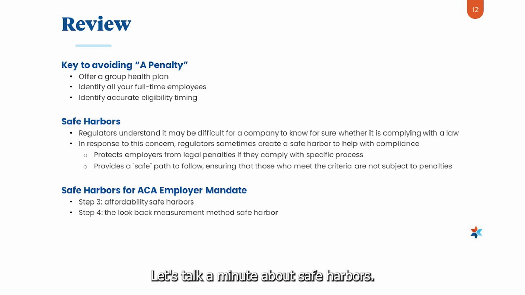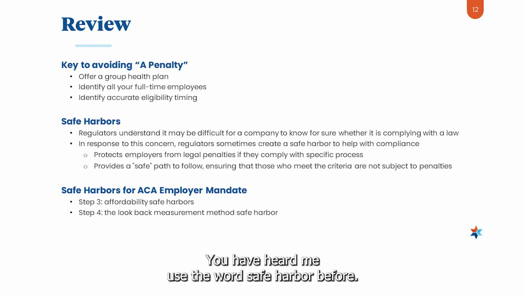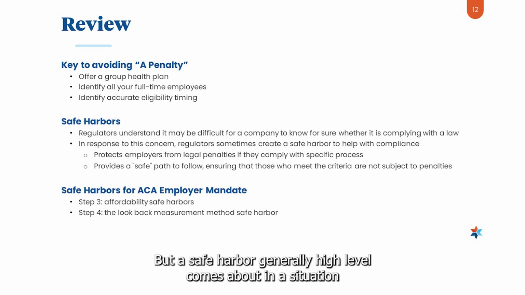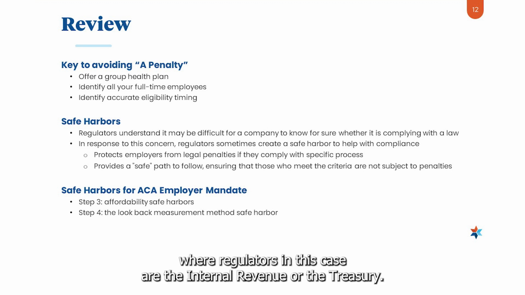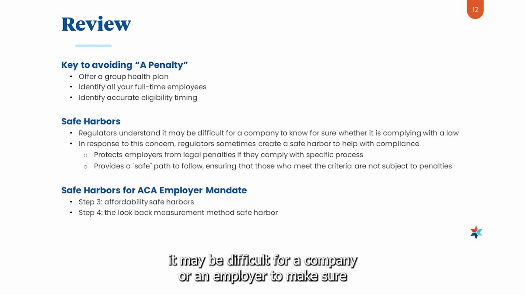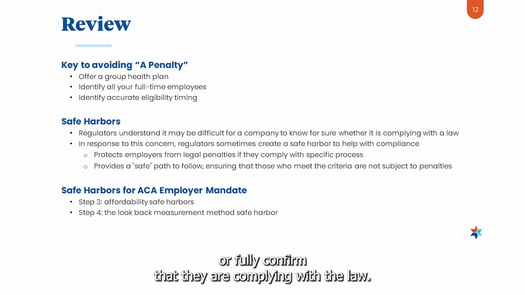Let's talk a minute about safe harbors. You have heard me use the word safe harbor before. We used it in step 3 last week when we talked about all 4 steps. But a safe harbor, at a high level, comes about in a situation where regulators, in this case the Internal Revenue Service or the Treasury, which we shorten by saying IRS, HHS and DOL, understand it may be difficult for a company or an employer to fully confirm that they are complying with the law.